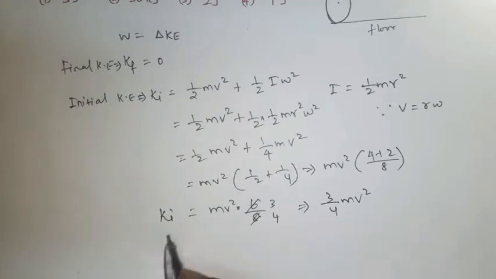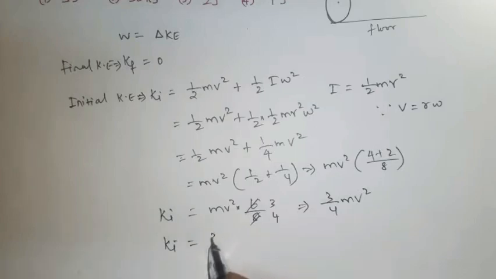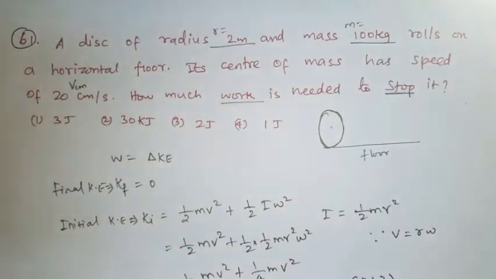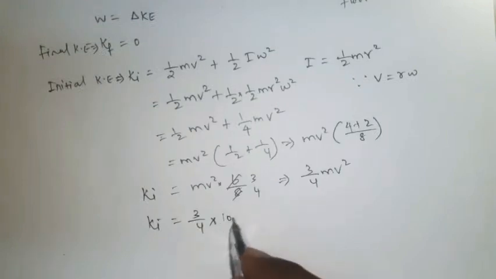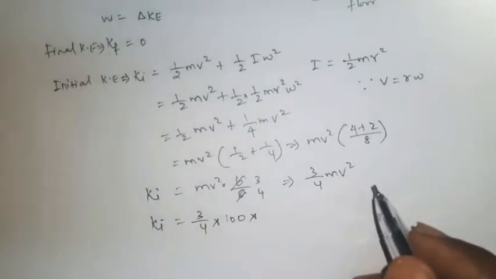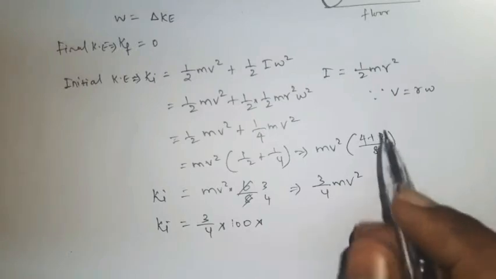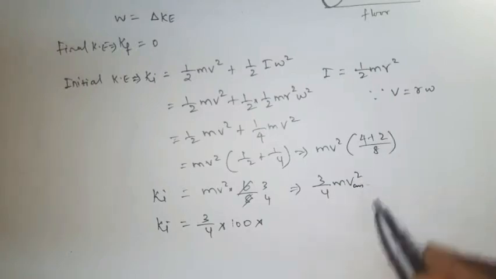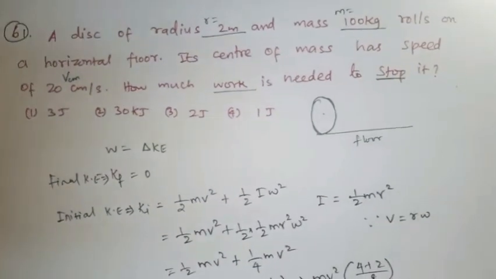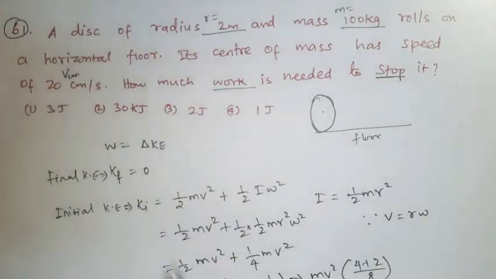Now you can substitute the values. Ki is equal to 3 by 4 into mass. The mass given in the question is 100 kg. So mass is 100, into this V, which is nothing but the velocity of center of mass of the disk. So V value is 20 centimeter per second.